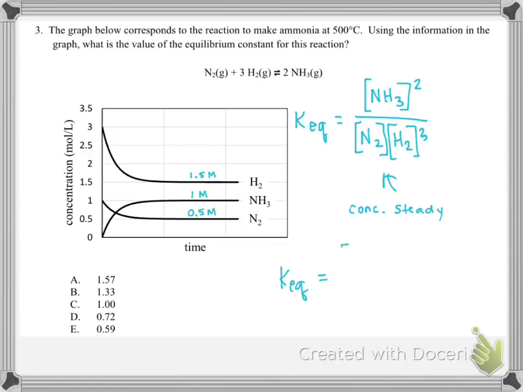Okay, so for the ammonia, we'll have the 1 molar from the plot squared. For N2, we'll have 0.5 molar. For H2, we'll have 1.5 molar cubed. Okay, and so when you go ahead and evaluate that, you get 0.59.